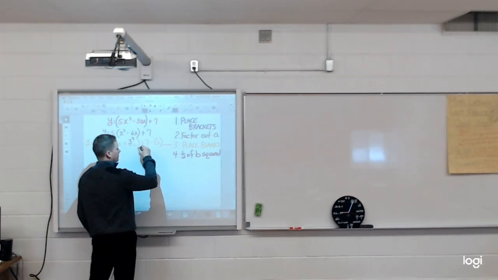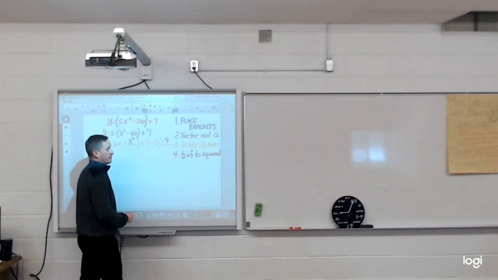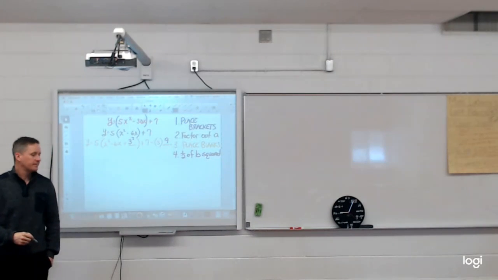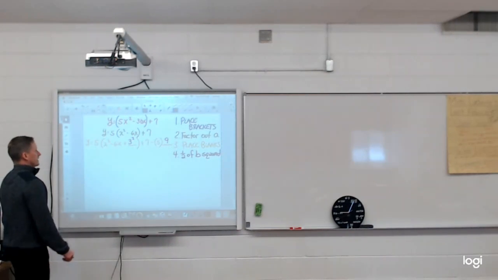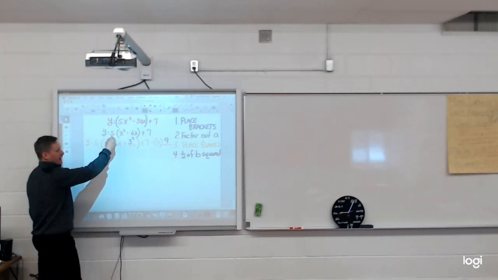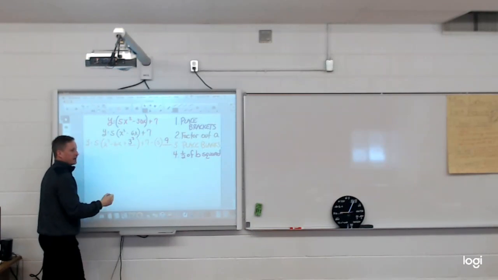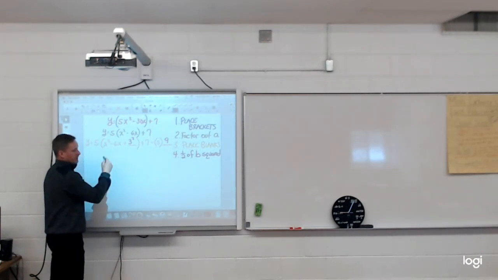And whatever I put in the blank here, I put it in the blank on the outside as well. Does that make sense to everybody so far? We okay? So far, there's not a lot. Place your brackets, factor out your A, put your blanks in, and then what goes in the blank? Half of that middle term squared.